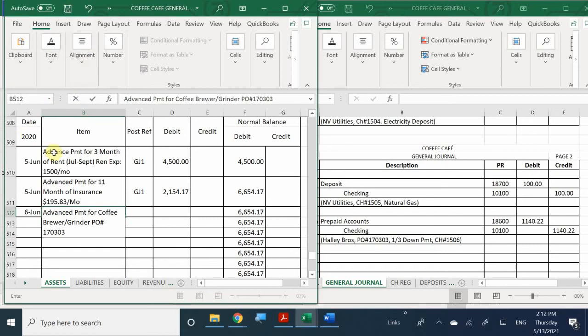Okay. So here I'm just typing in my notes, advance payment for the coffee brewer and the coffee grinder, okay, which I made a purchase order for number 170303. Okay. Any other information, you could say it is 1/3 down payment.